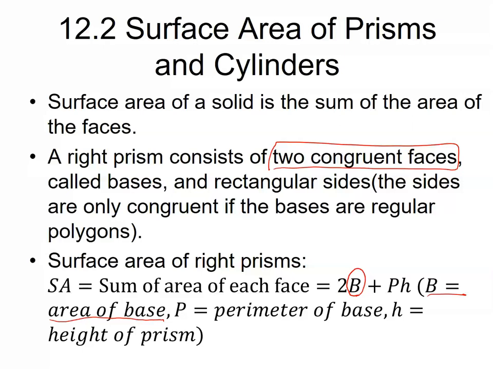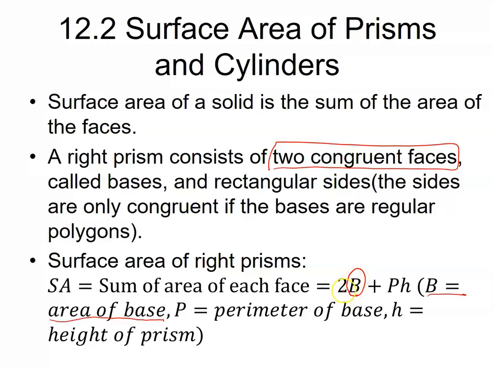If your base is a trapezoid, then you have to use the formula for the area of a trapezoid that we learned in the last chapter. If it's a triangle, you have to use your formula for the area of a triangle. So the B just stands for a generalized area of the bases, however you find the area of that particular shape that is your base.